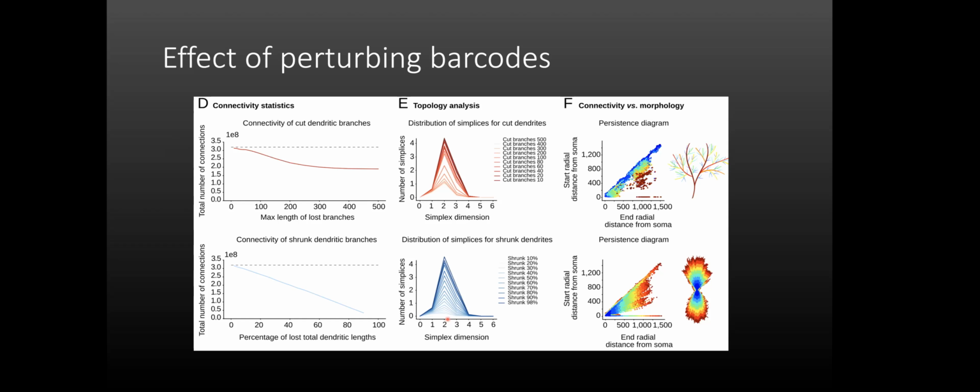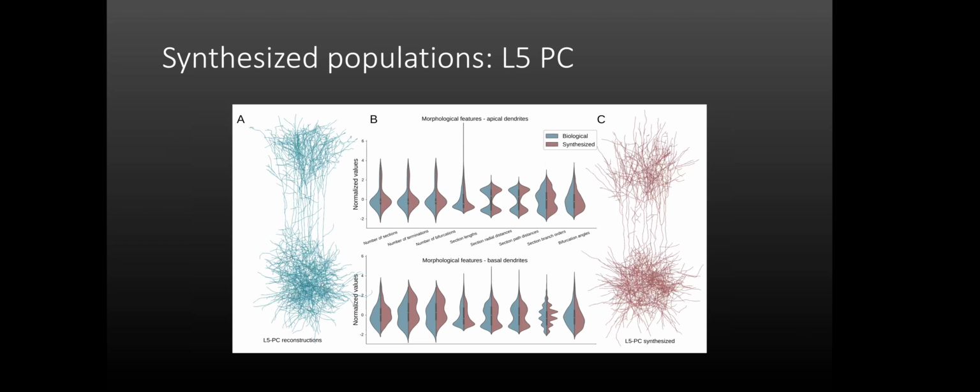Maybe someday we can even prove a theorem like that, but that's related to the results I was showing that had to do with the distributions of these different morphometric values, which matched very nicely with the actual biology, like this one, where the morphometric values of the populations were very similar distributions.